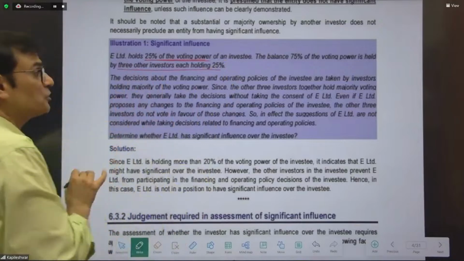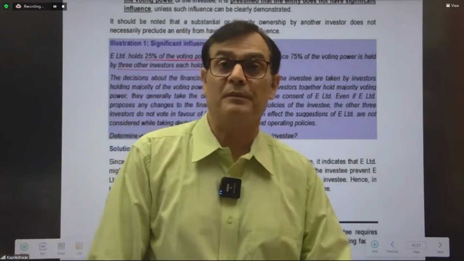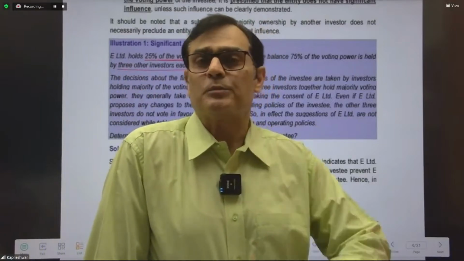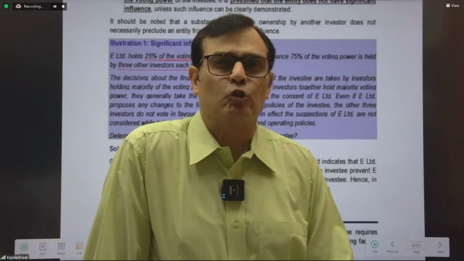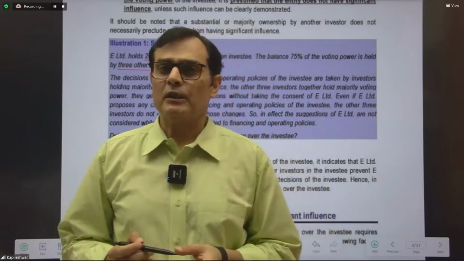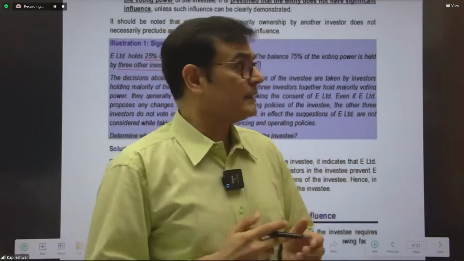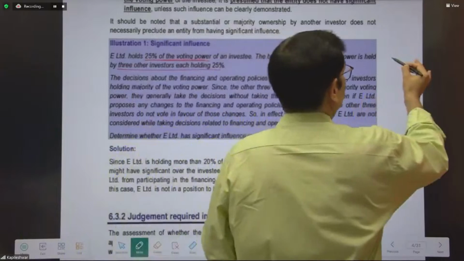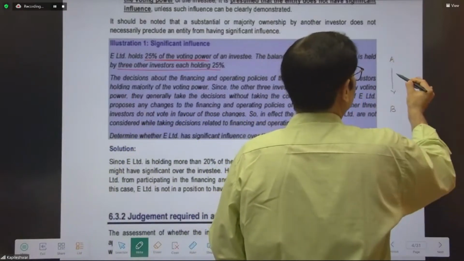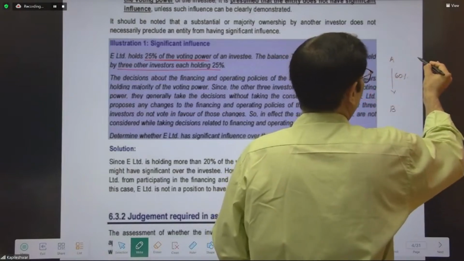Now, let me also caution something at this stage, because it could be a matter of confusion later. If a particular investor has got control over a company, does this mean that another investor cannot have a significant influence? No. Consider a company A and a company B. Company A has a 60% stake in B, so it has control.